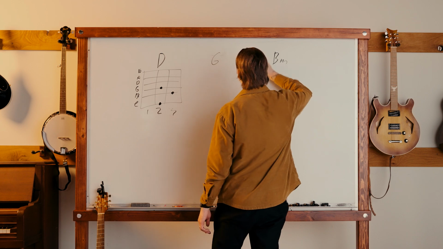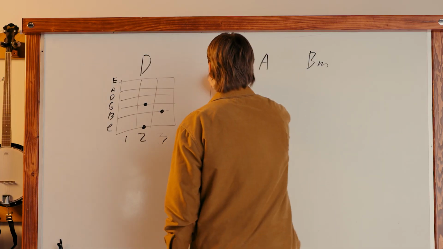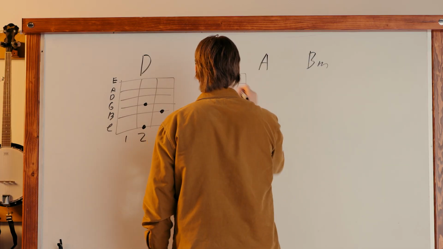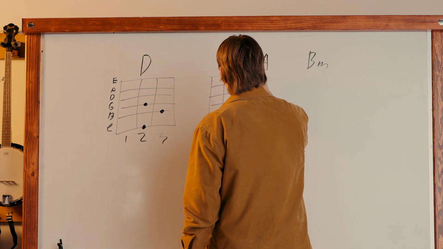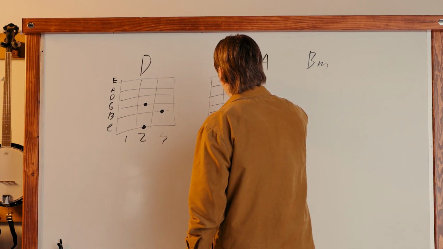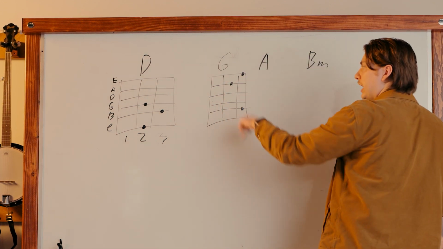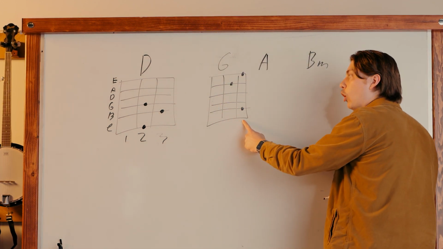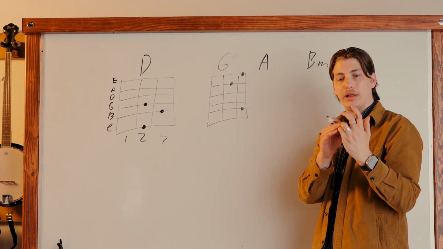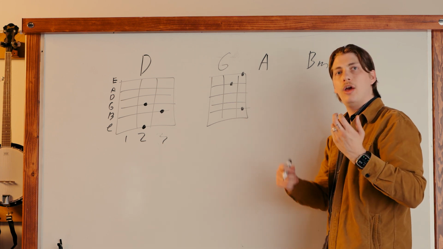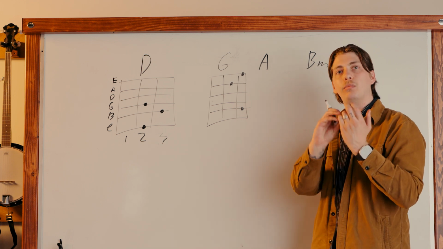So let me write these diagrams out here, and then I'm going to explain it to you guys up close to the camera, okay? So this G is basically the exact same as the one that we learned in the key of G, except now there's no pinky on the very bottom string. So rather than playing it with both of those fingers at the bottom, we play that same G, except we lift the pinky off.